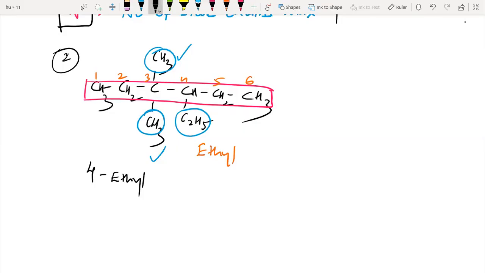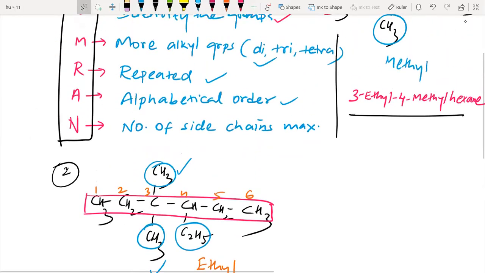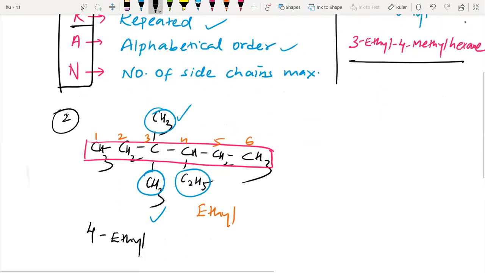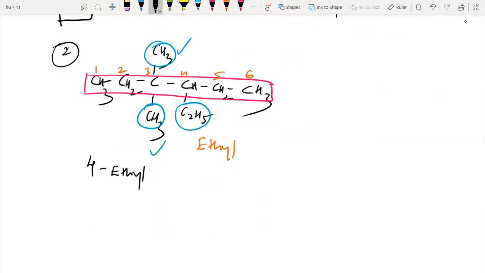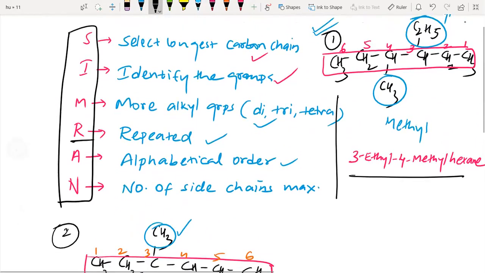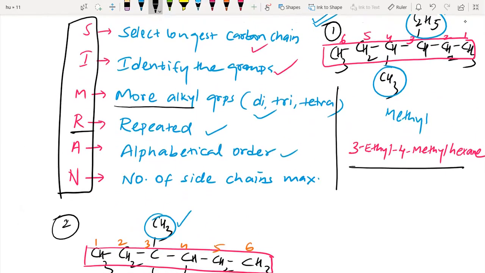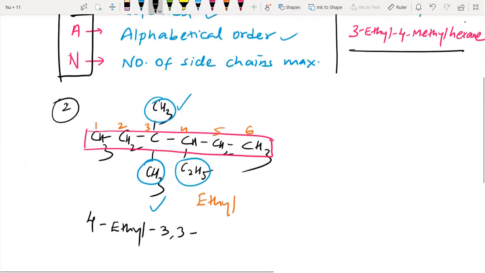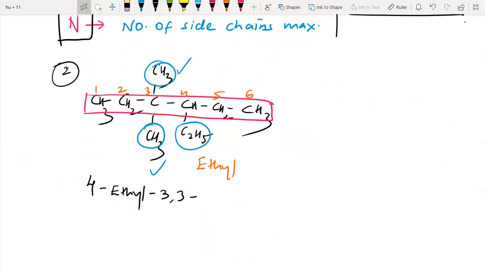And the name we'll write here is 4-ethyl. And see this, I said repeated. Now this number is repeated, means 3, 3. And if you see here, more alkyl groups, so we are going to use di, tri, tetra. More alkyl groups of the same type, methyl and methyl.